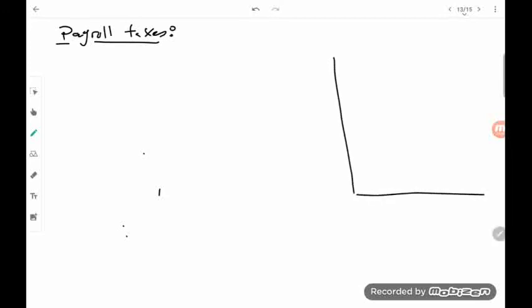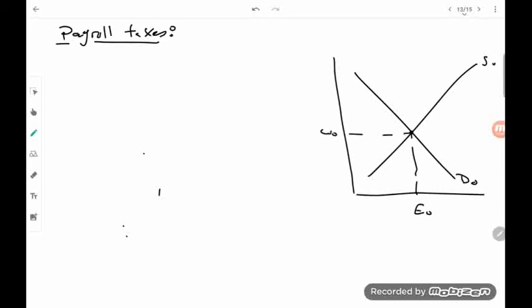So this is the initial situation. This is the demand for labor, D node, and this is S node. The point of intersection is the point of equilibrium at E node, and at wage W node.